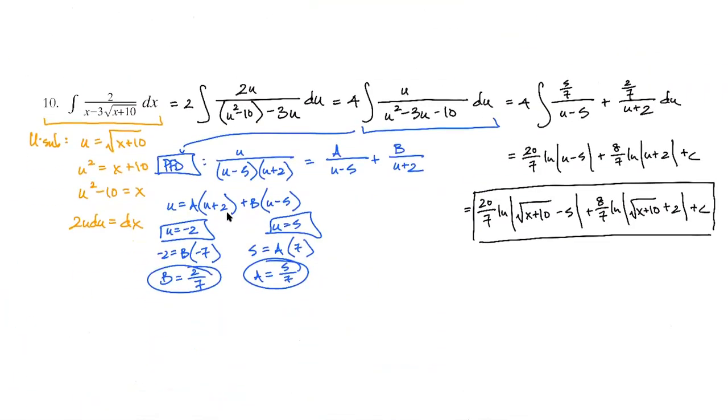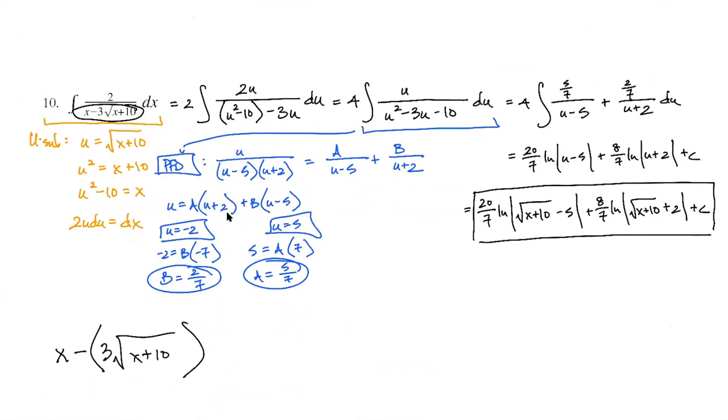In number 10, there's no parentheses around the x minus 3. So if I were to rewrite just the denominator, it's x minus 3 times the square root of x plus 10.